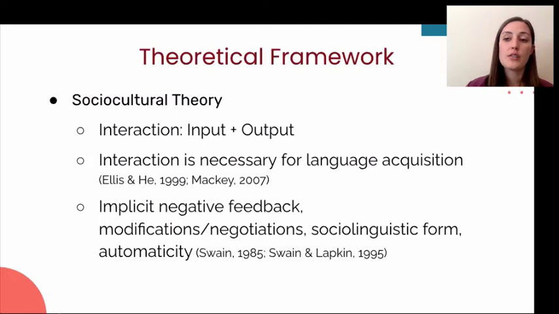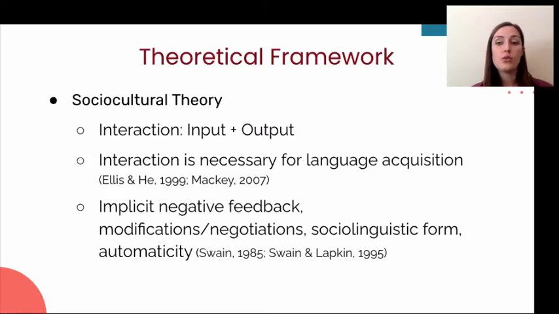And Swain argues that, so not only do scholars argue for the importance of interaction for language acquisition, but Swain argues that for the output, it needs to be extended output. Students need to have an opportunity for extended output in order to really acquire their second language.